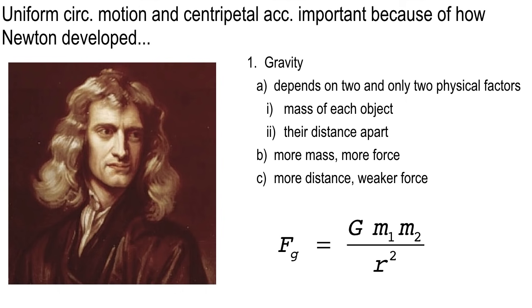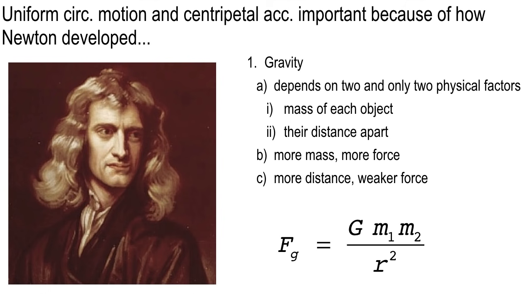Now, a newton is a kilogram meter per second squared. It's a kilogram times an acceleration. M1 M2 is kilograms squared in the numerator, and r squared is meters squared in the denominator. So you have the right physical factors, but you don't have the right units.